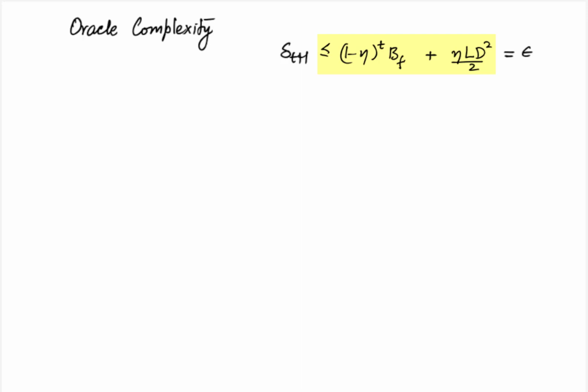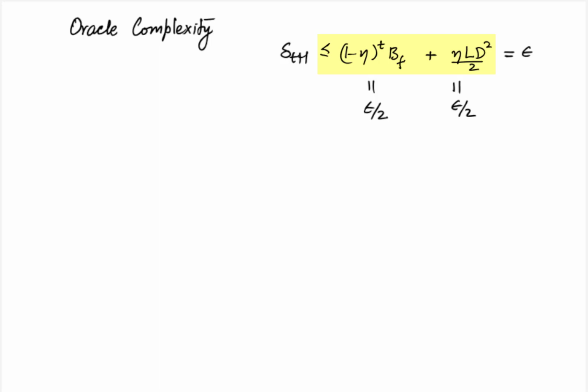So one ad hoc way of making this calculation is to assume that the first and the last terms become equal at the last iteration, when the optimality gap just goes below epsilon. Both the terms are making equal contribution in that case, so that eta LD square by 2 is equal to epsilon by 2, and 1 minus eta raised to the power T into BF is equal to epsilon by 2.